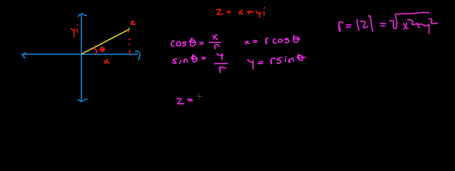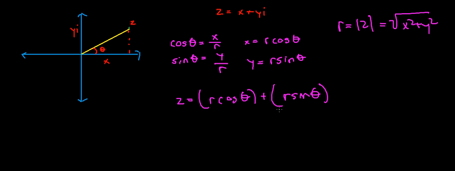So z is equal to x plus y, into the standard form. What the standard form would look like for polar coordinates: z is equal to x, which is equal to r cosine theta, plus y, which is r sine theta.